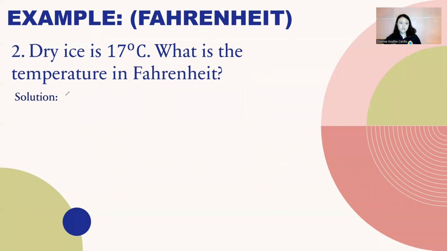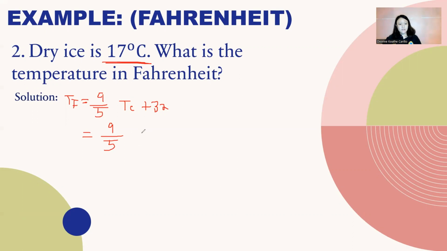Let's write the formula first. Now let's proceed to the next step. Let's bring down 9/5 and let's find the given of temperature Celsius, which is 17 Celsius. The question for this example is dry ice is 17 degrees Celsius. What is the temperature in Fahrenheit?